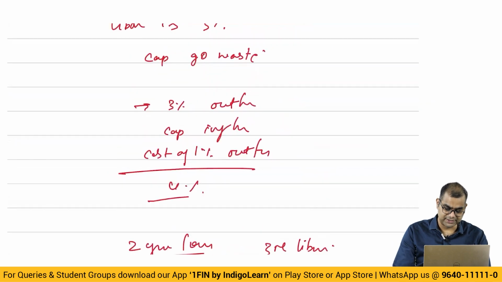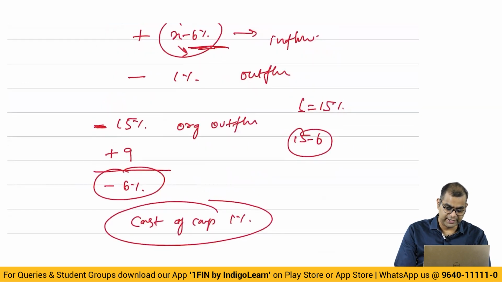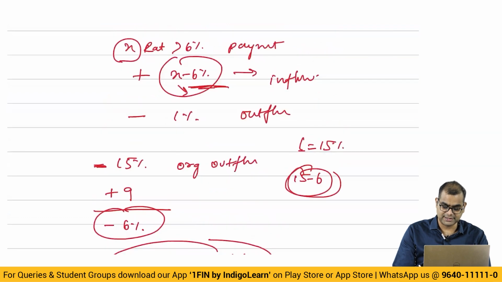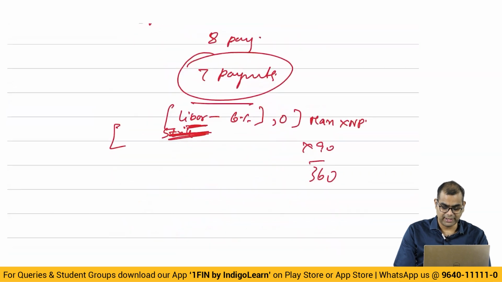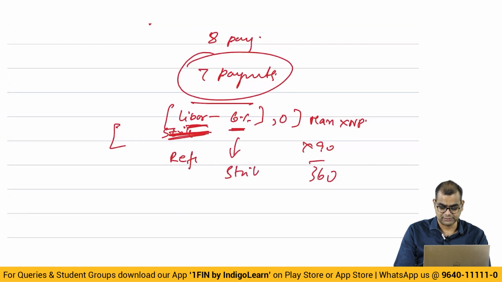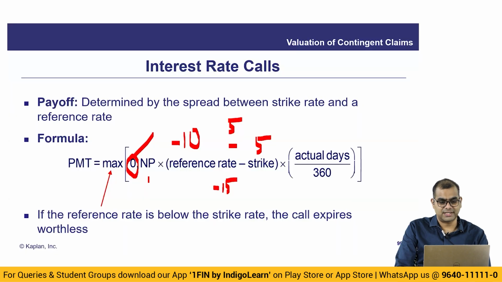If it is 15%, you are getting paid 15 minus 6. Correct? LIBOR minus 6. This LIBOR is the reference rate. This is the strike rate. This formula is the same as your formula of interest rate call. Interest rate call, what is the formula? Notional into reference rate minus strike rate into actual by 360.